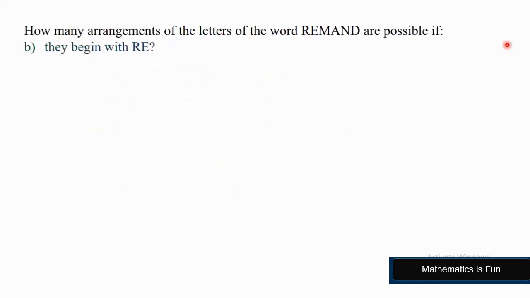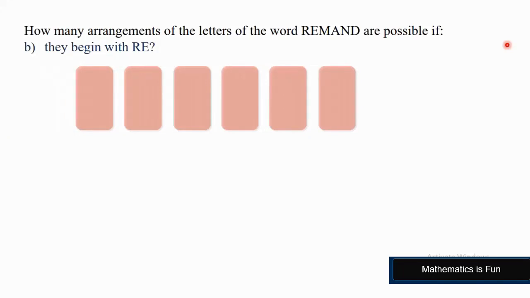How many arrangements of the letters of the word REMAND are possible if they begin with RE? Now RE is pre-selected, so we have no concern with the arrangement of these 2 letters. This place is fixed with these 2 letters. We have to arrange the letters for the rest of the places.